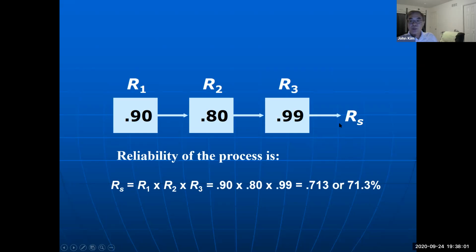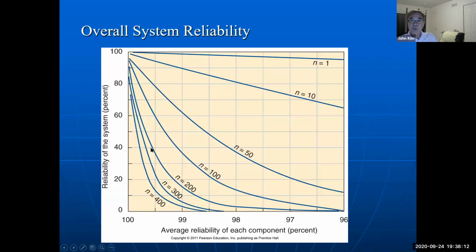So to improve system reliability, we should improve individual machine or equipment reliability. With more machines or more equipment involved, reliability drops exponentially like this.